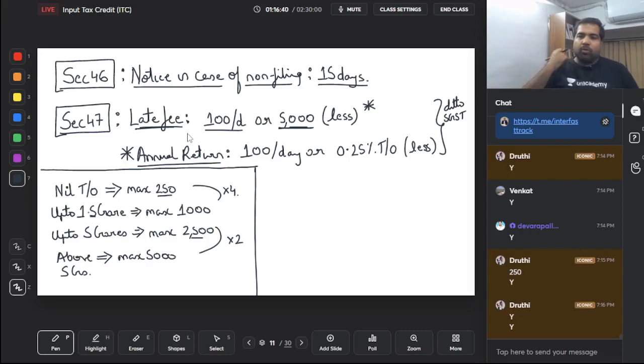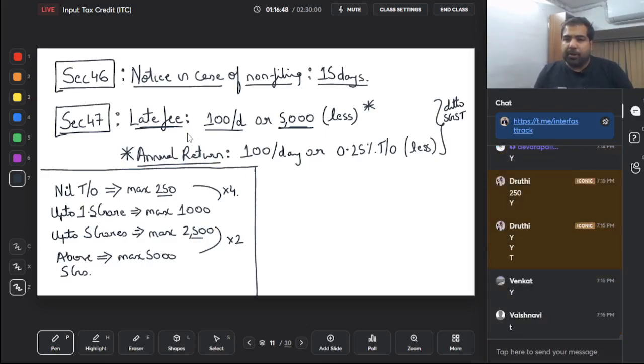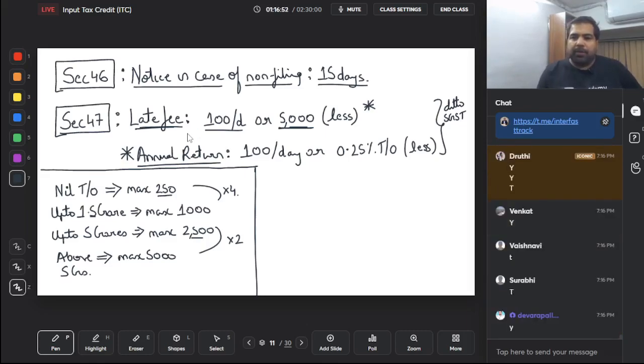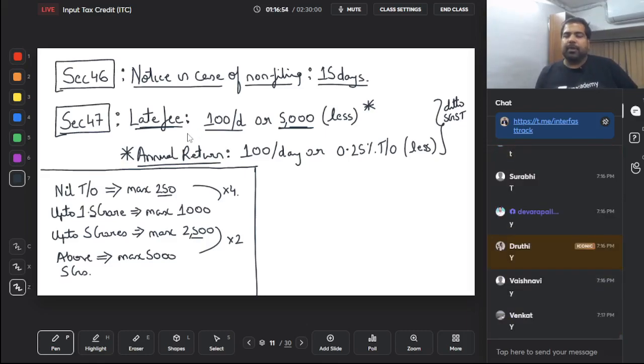Please tell me now, late fee has been rationalized. True or false? True. Instead of 5,000, guys, has it been reduced depending on turnover? Yes. It is 250 or then into 4, or it is 2,500 or then into 2. This has been introduced from 1st of June 21.